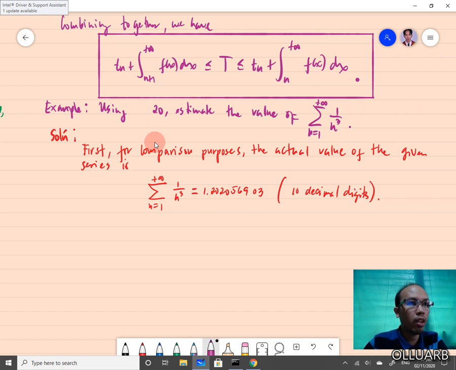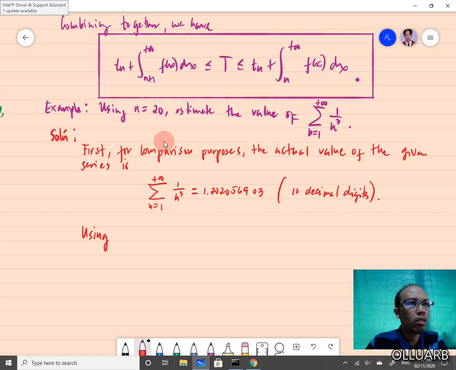So using n, which is equal to 20, we will use the n-th partial sum.